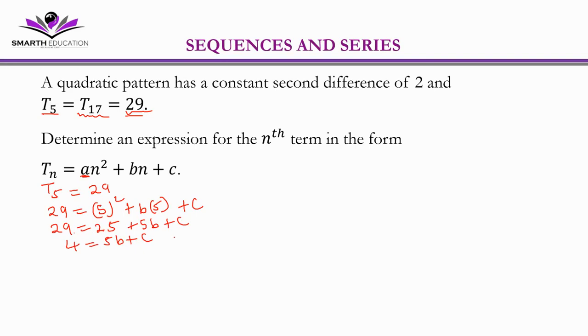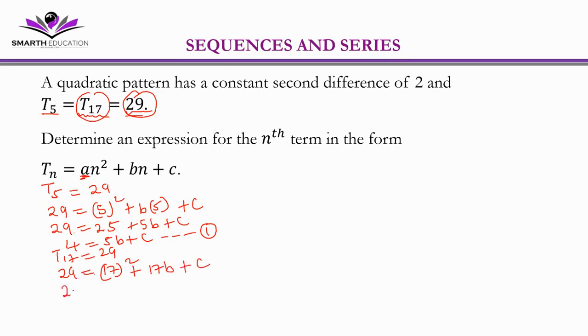So we can name this one equation 1. And then let's create equation 2. T17 is equal to 29 also. So we say 29 is equal to 17 squared, because a is equal to 1, so we don't put anything there, and then plus 17b plus c.